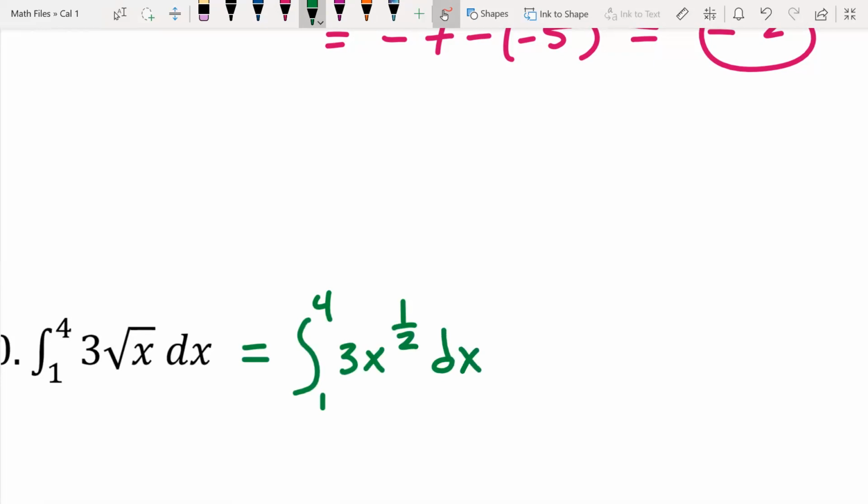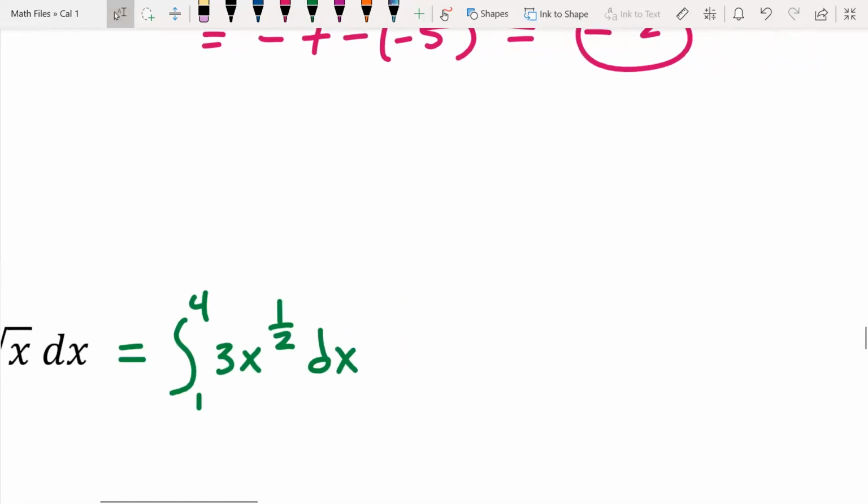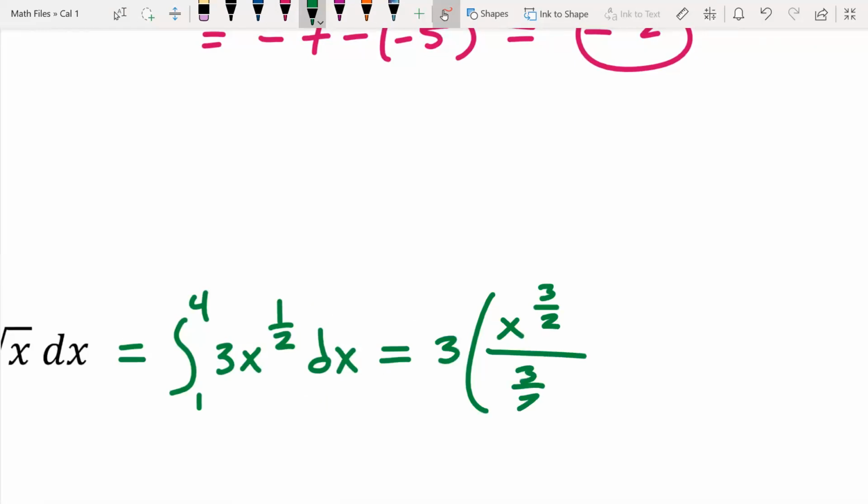And now it's in its proper form, we can find the antiderivative. And you're going to get 3 times x to the 1/2 plus 1, which is going to be x to the 3/2 over 3/2. Evaluated from 1 to 4.